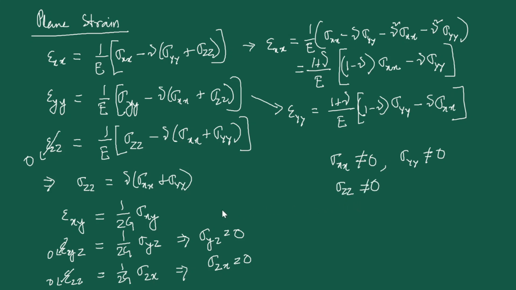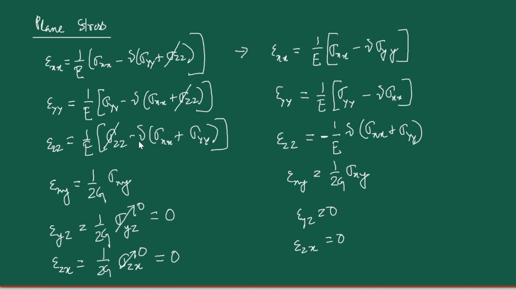So even though epsilon zz is 0, in the plane strain case sigma zz is not equal to 0. This is the reverse of what we had in the plane stress case, where even though sigma zz was 0, epsilon zz didn't turn out to be 0.